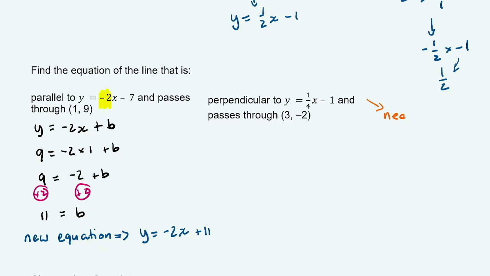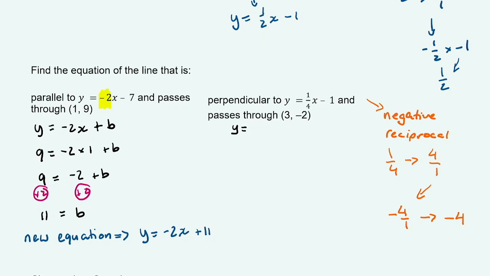If I've got 1 over 4, and I turn that upside down, I get 4 over 1. If I make it negative, I get minus 4 over 1, which just gives me minus 4. So that's my negative reciprocal. So I'm going to pop that into the equation instead of a quarter, and then do the same thing as I did before.